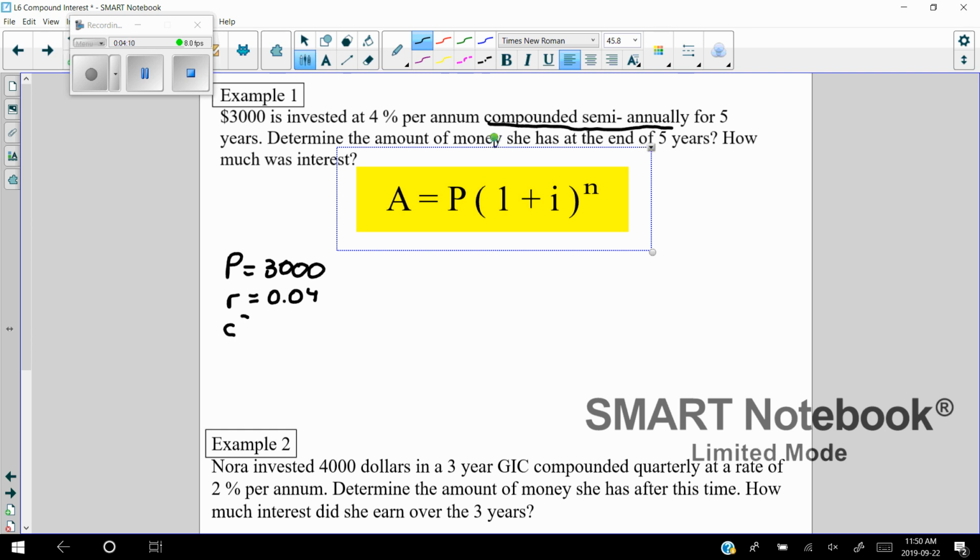So my compounding factor is 2. And the time that it's in is 5 years. So now we need to sub it in to find out what A equals. So A equals 3,000 times 1 plus my interest rate divided by my compounding factor to the power of my time times my compounding factor.